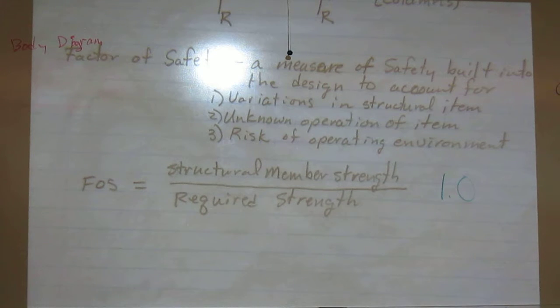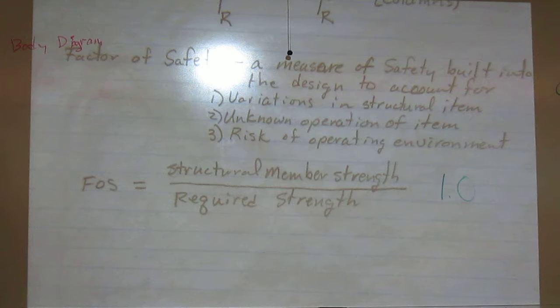Okay? It's the same as the required strength. That's exactly what it's going to tell you, right? A factor of 1. Let me put it in different terms though. It also means your chance of failure is 50-50. Okay? It is, because technically if you rolled a nail across the top, you are now less than 1 and it's going to fail.